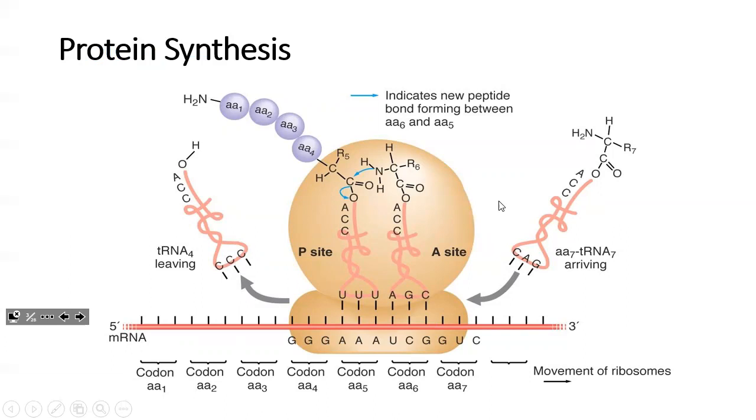Here we can see clearly that the tRNA brings the amino acids and enters through the A site. Then it moves according to the codon, which gets read by the anticodon. Then it moves to the P site until we get a peptide formed.